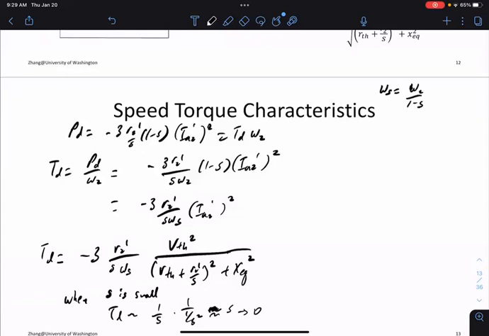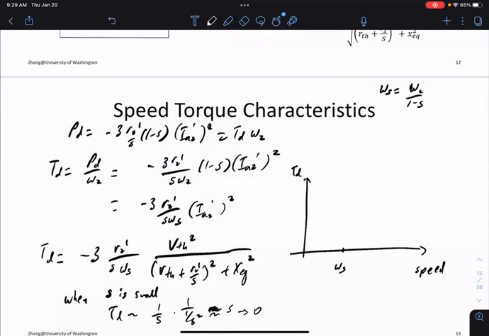So then let's look at the plot. What does this curve look like? Let's write this as speed. This is the synchronous speed, and let's plot this term as torque.